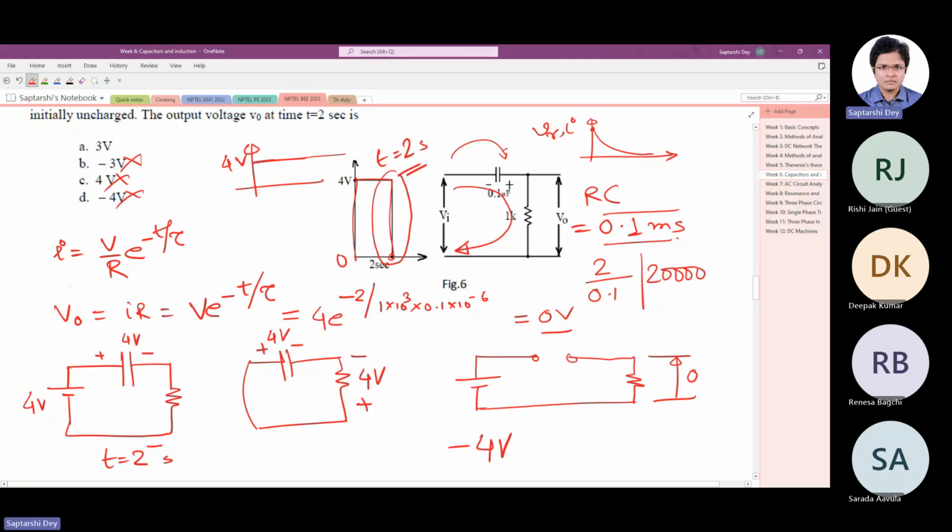Since it is made zero again, basically we are short circuiting. So instantly the capacitor voltage appears across the resistance. Then it reduces. Tell me, is it clear? I initially did not consider this fall of the voltage.